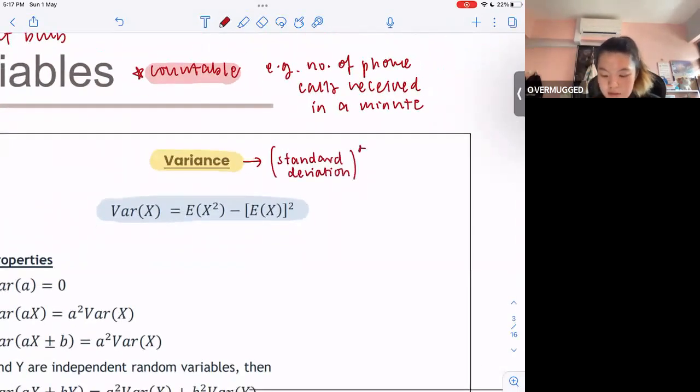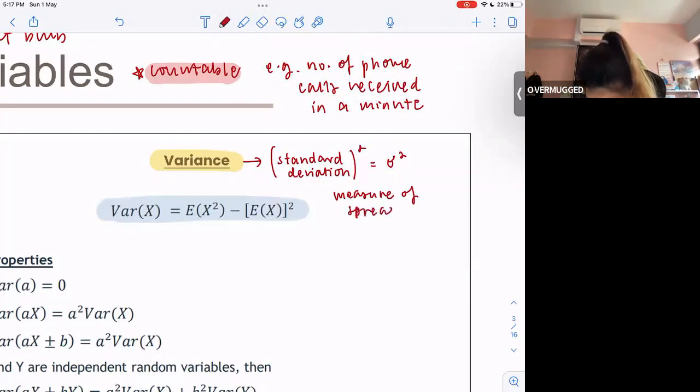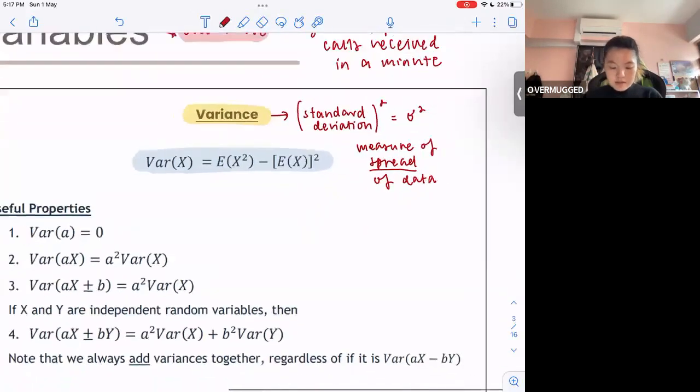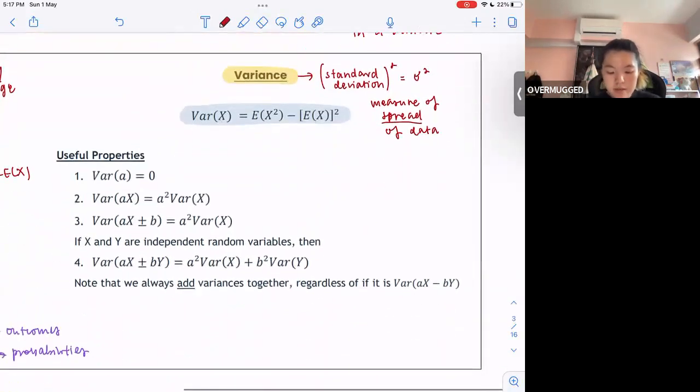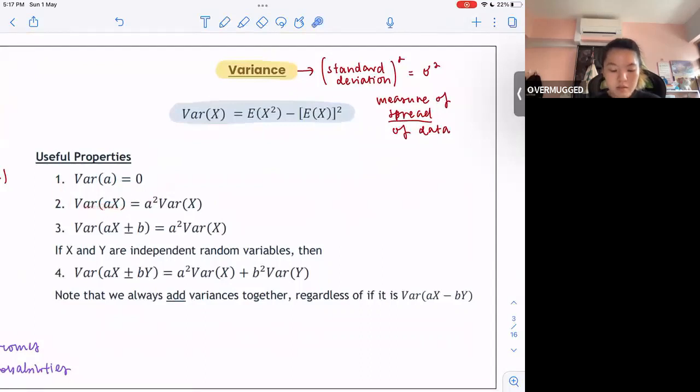In other words, it's your sigma squared. And it is also a measure of the spread of your data from your mean. So how spread out is your data? All right, so this is the formula. And that's why for a constant, which is just a number, the variance is 0, because 2 is just going to be a 2, right?